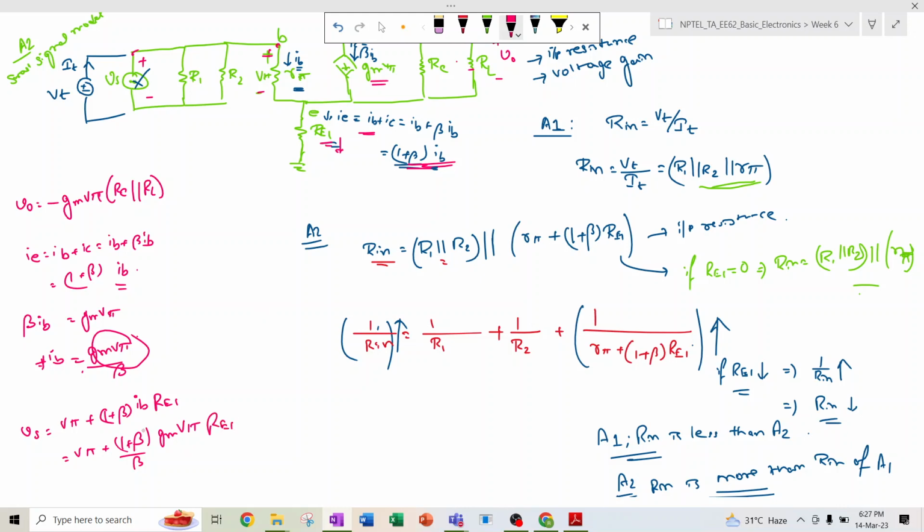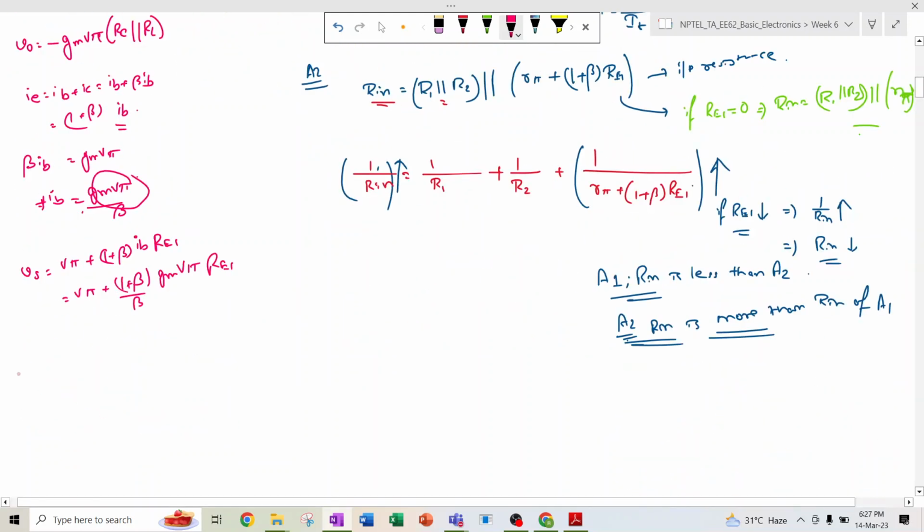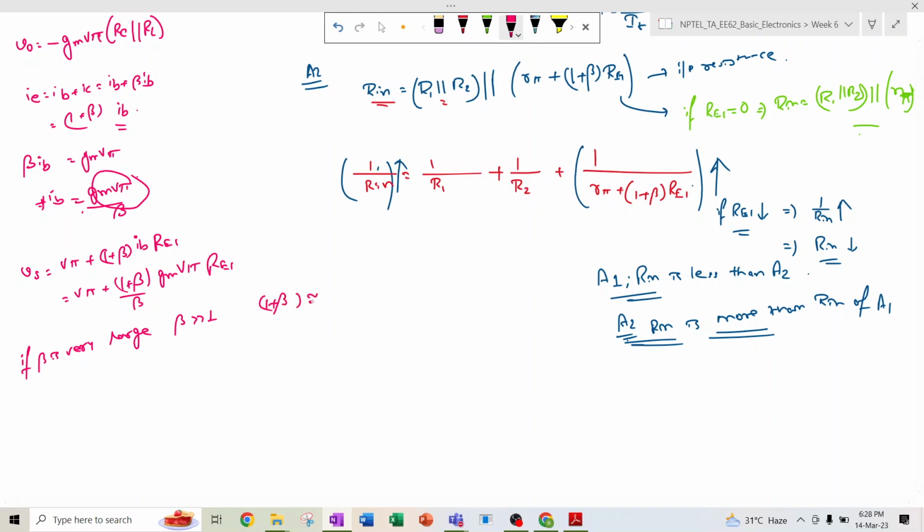Now if beta is very large, that means beta is much greater than 1, so 1 plus beta is approximately equal to beta, and this beta cancels out, so (1 plus beta) by beta is approximately equal to 1.